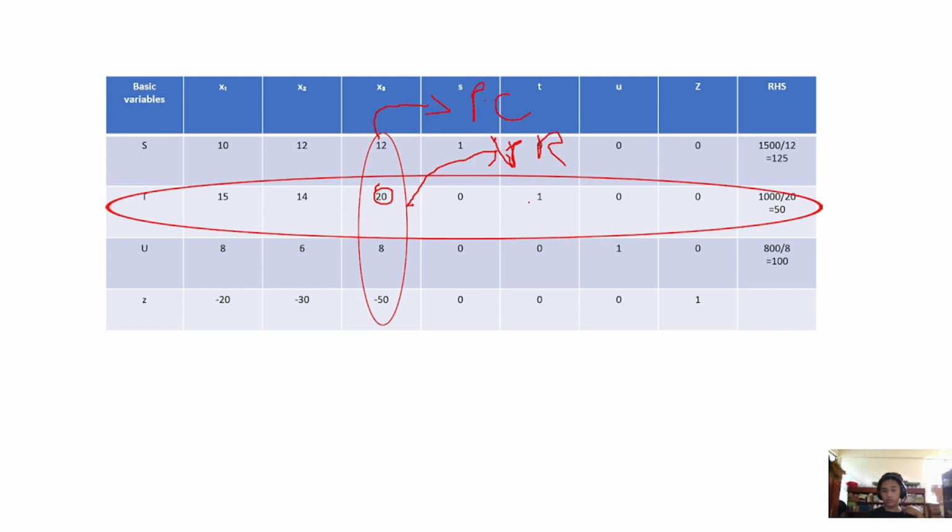Oh, this is clear. 2, 3, 5. So, sino yung pinakamaliit na value na quotient? Oh, so 50. 50 yung may pinakamaliit na value.